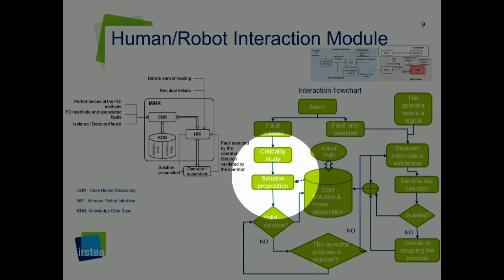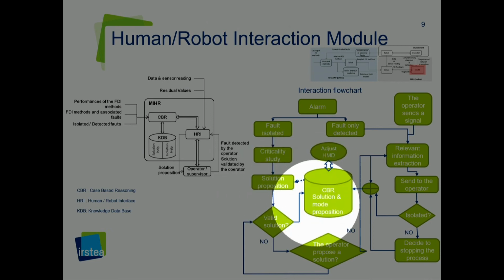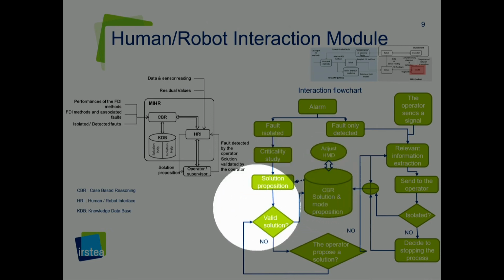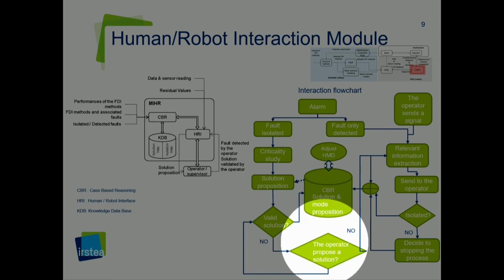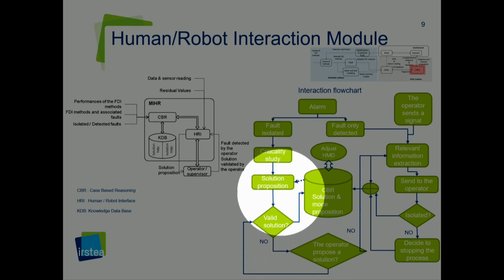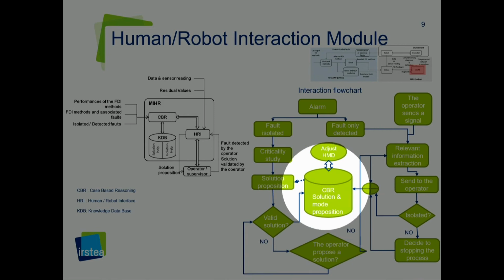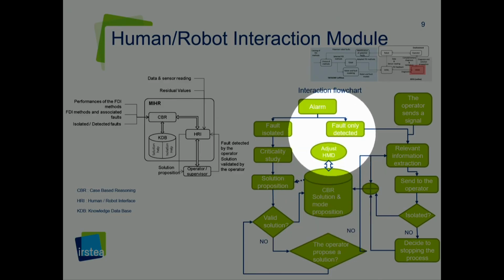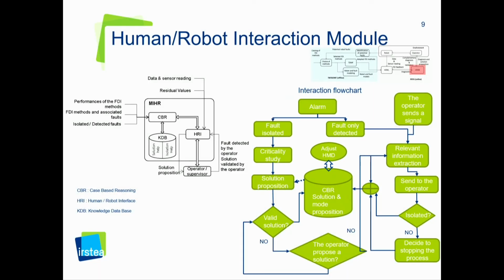And then a solution is retrieved from the knowledge database thanks to the CBR. The human can validate or can propose another solution, and all of his decisions will also be stored in the CBR. In the other case, the fault is detected, but not automatically isolated. We can't have 100% performance at all.